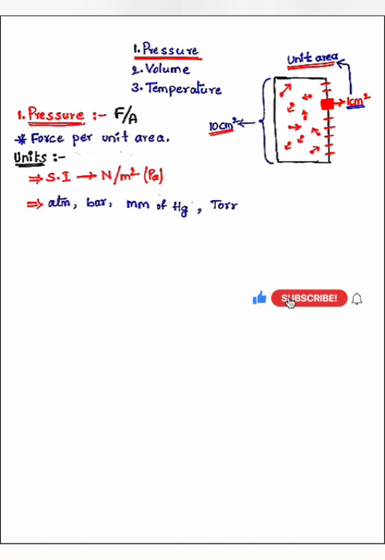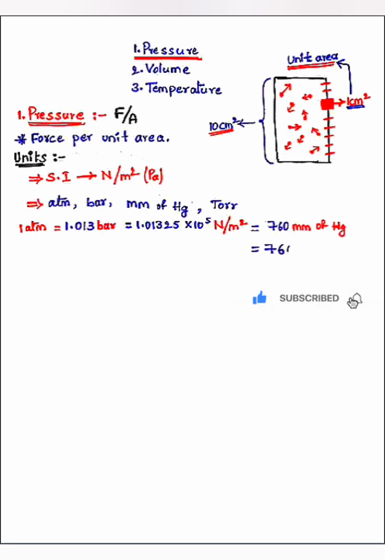Here 1 atmosphere is equal to 1.013 bar, which is equal to 1.01325 into 10 power 5 Newton per meter square, which is equal to 760 millimeters of mercury, which is equal to 760 torr.